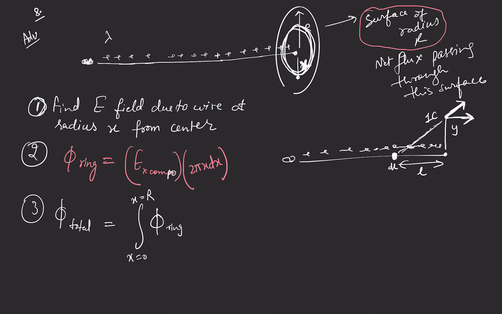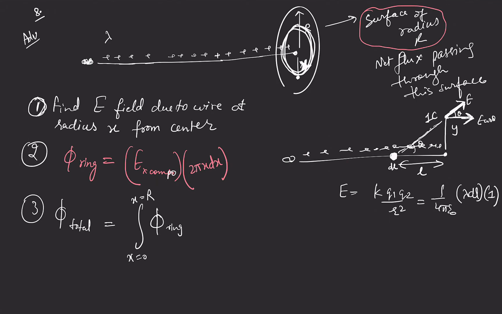We have to find this x component. So the x component would be, basically if this is theta, then this would be theta, so E cos theta, and E would be equal to k q1 q2 by r square. K is 1 by 4 pi epsilon naught. Q1 is lambda into dl, charge per unit length into the length of this small wire.